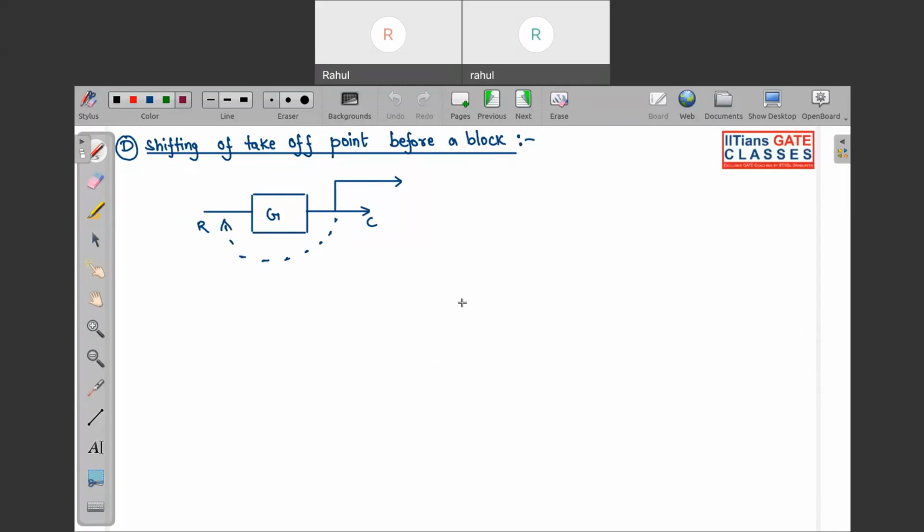So look over here, this is your takeoff point, this is C. So C is equal to what? You can see R is supplied over here, so this is input, so this is Rg, and from here also this is Rg. So if I take this takeoff point behind this block, then also your output should be Rg.